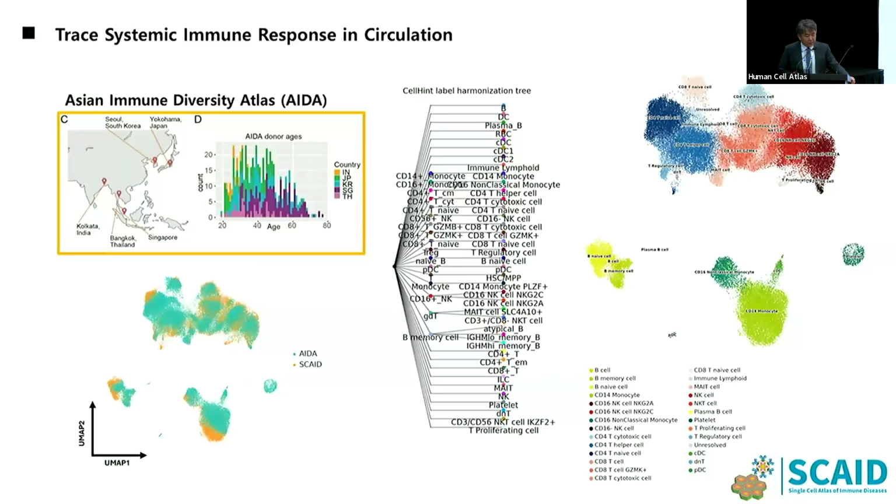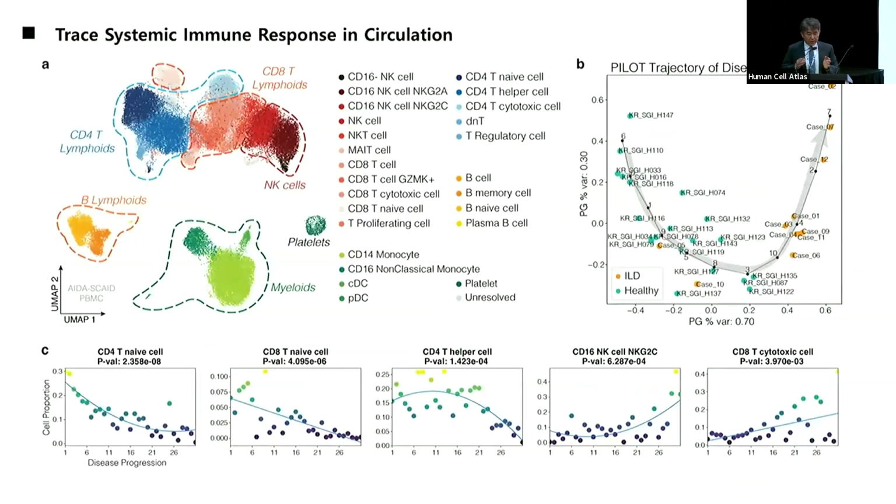And we also analyzed the PBMC data using the IDA data as control. When we made the trajectory from healthy to very severe patients, we found a tendency that some naive T cells and CD4 helper T cells decrease, and NKG2C NK cells and cytotoxic CD8 T cells increase with severe progression.